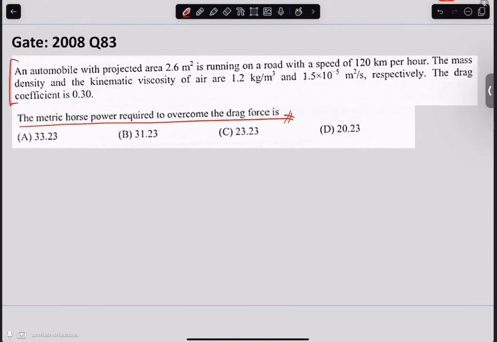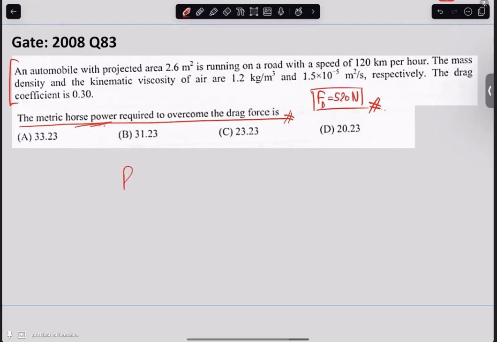So what is the horsepower that the car should have so that we can maintain this kind of velocity even after experiencing the drag force of 520 kilonewton, sorry, 520 newton.